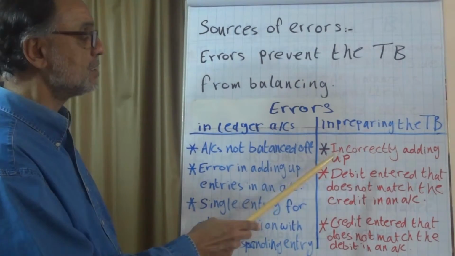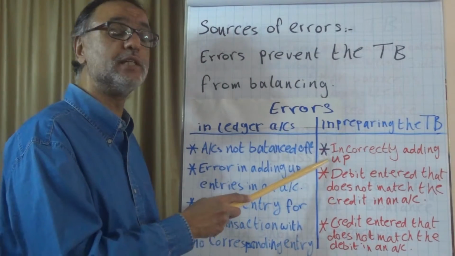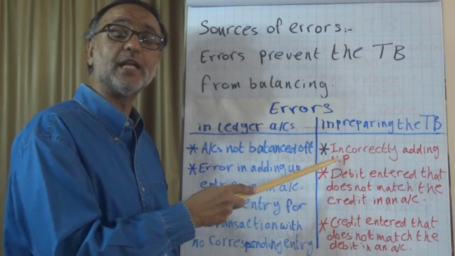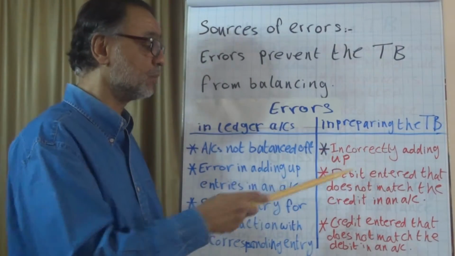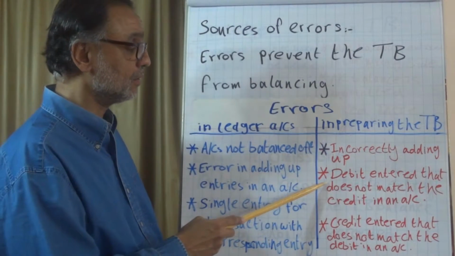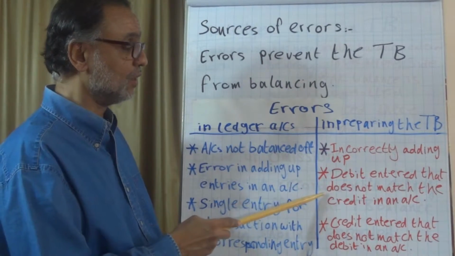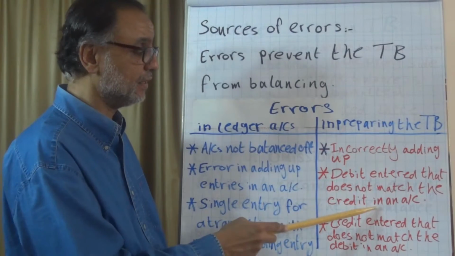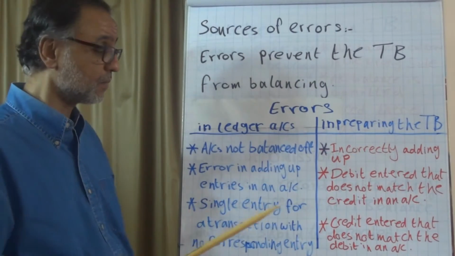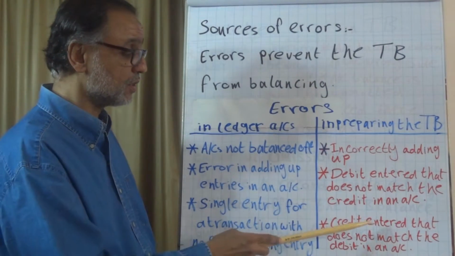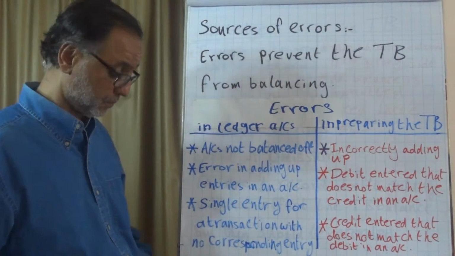In the trial balance, you might find the total balances incorrectly added up, that's why it's not balanced. Or a debit entered that doesn't match the credit in an account, or a credit entered that doesn't match the debit in the account.